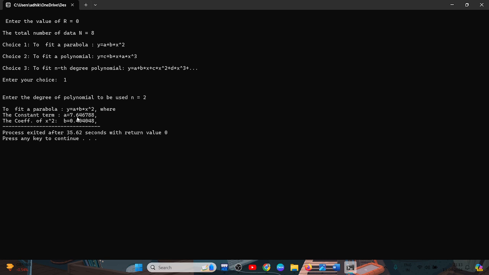So to fit a parabola y equal to a plus bx square, the constant term a equals 7.646788 and the coefficient of x square b equals 0.404048.